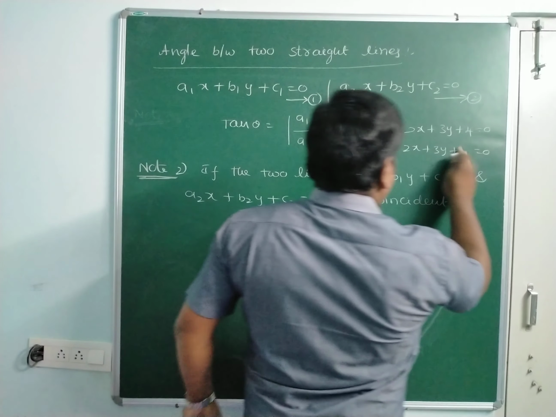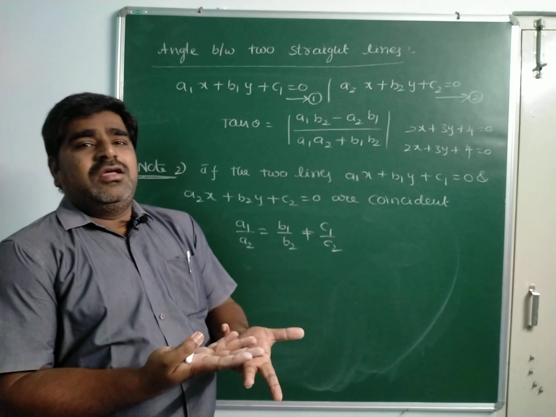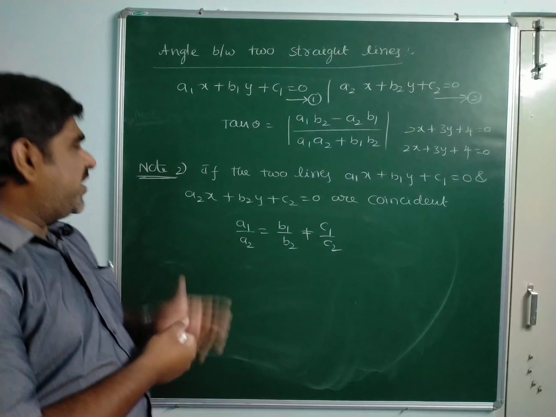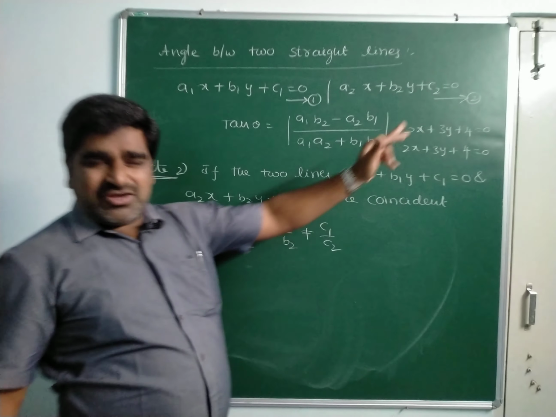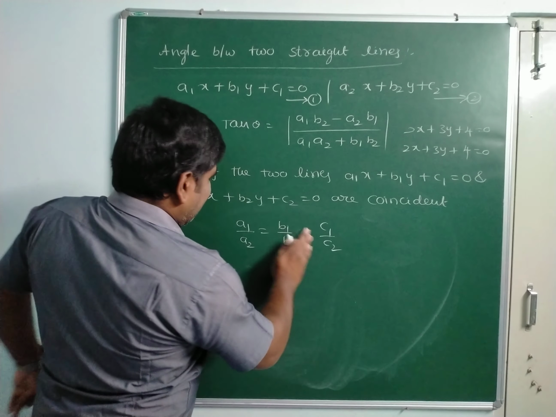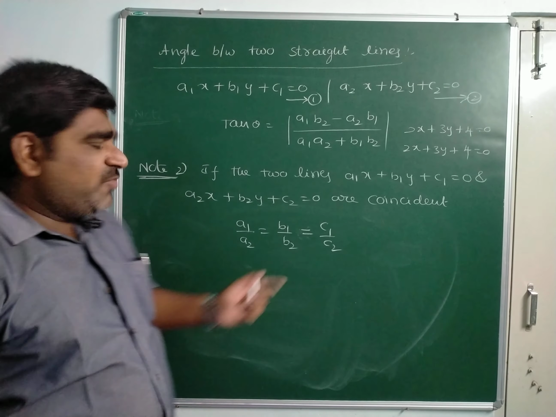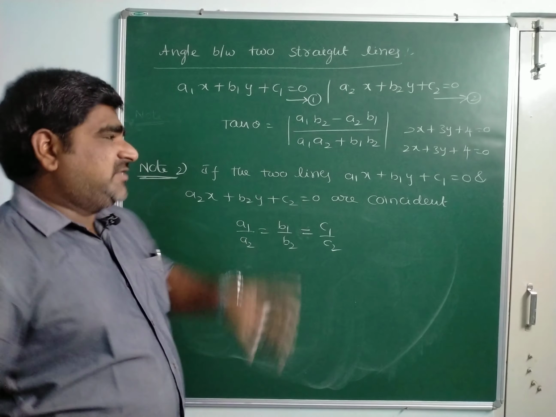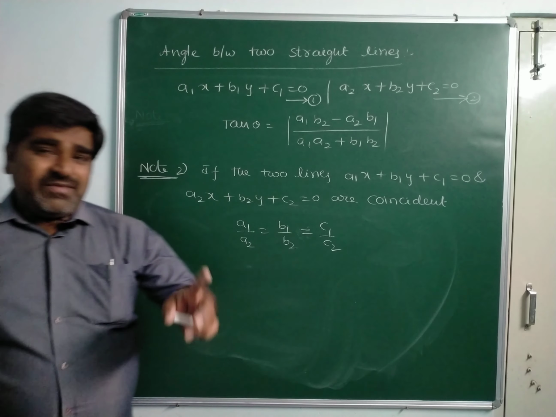Suppose 4 is there instead of 5, then there is no difference, and both the lines are the same. That's why, if the two lines are coincident, then the condition is a1 by a2 equals b1 by b2 equals c1 by c2. If the two lines are parallel, then a1 by a2 equals b1 by b2 only.